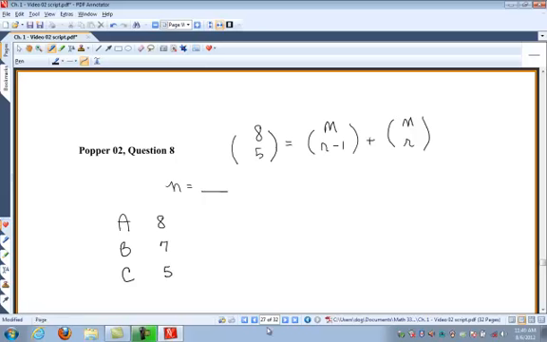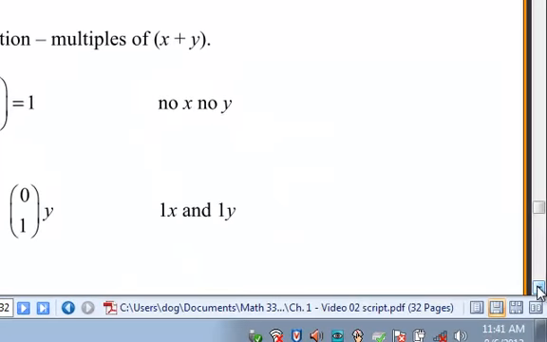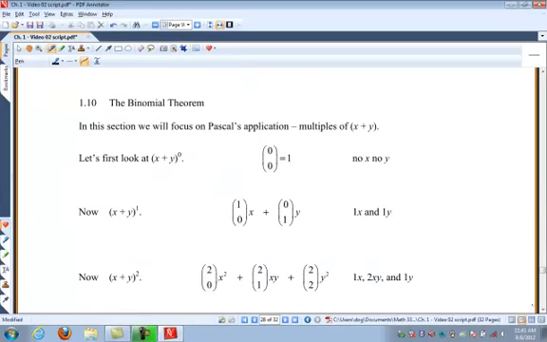Now for our last section, the binomial theorem. In this section, we will concentrate on Pascal's application, multiples of x plus y. So we have x plus y to the 0, the combination of 0 things taken 0 at a time, and that equals 1.